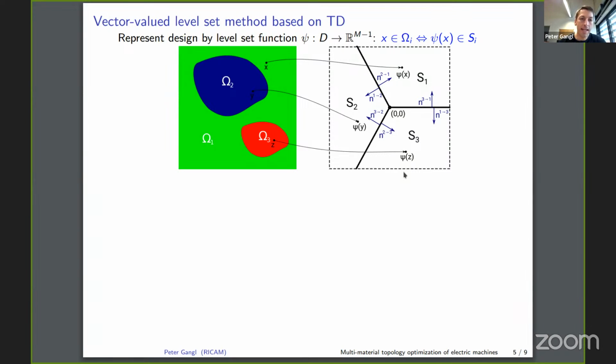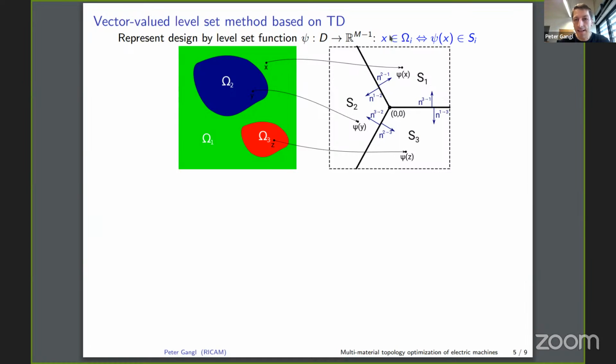How can we define level set functions, and how can we represent a design consisting of, say, M materials in a level set setting? Here the idea is to introduce a vector valued level set function psi, so not a scalar function, but a function that maps into R^(M-1). So if we want to represent M materials, we have a level set function that has M-1 components.